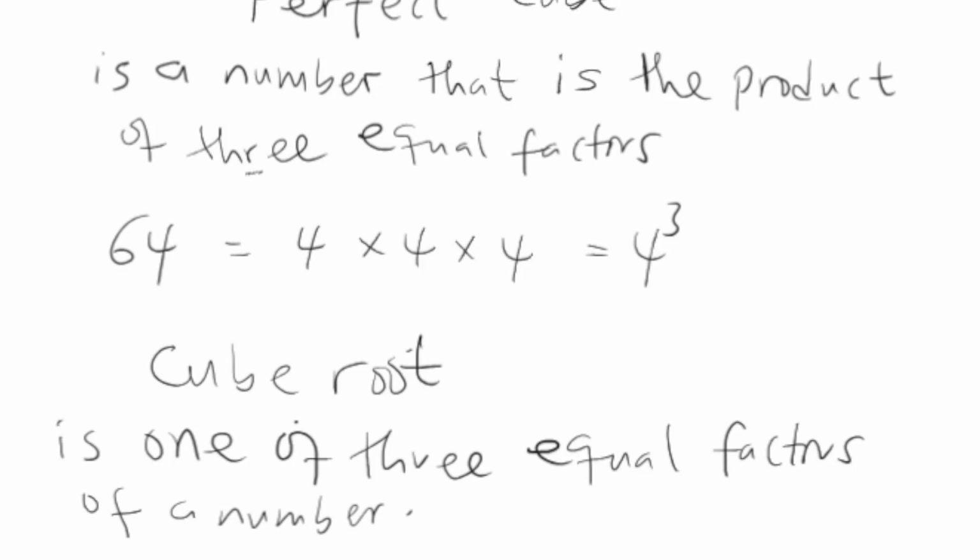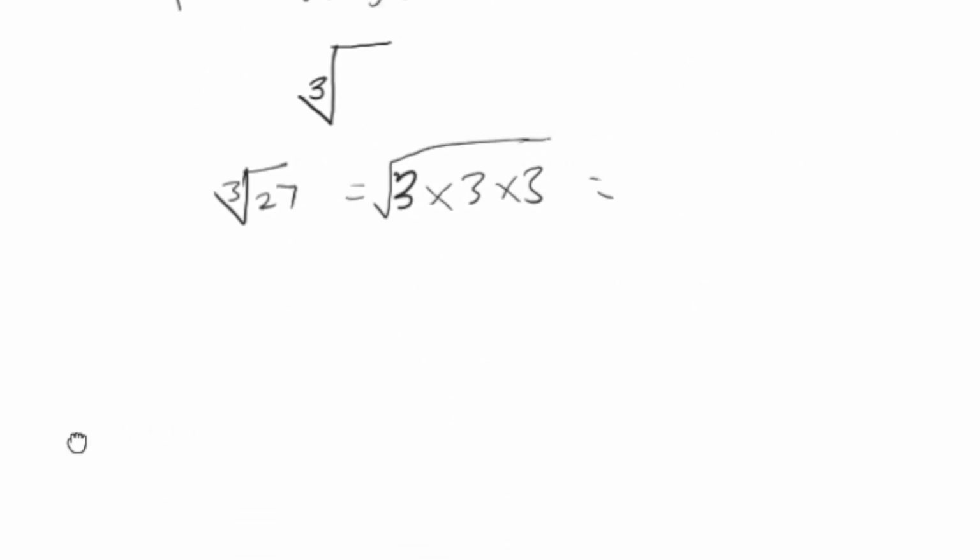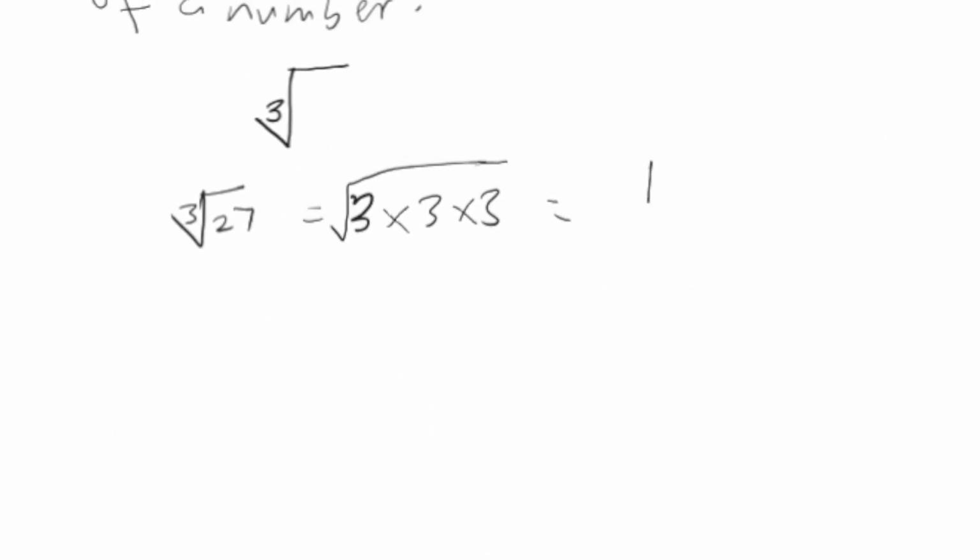So cube root of 3 times 3 times 3, which is going to give you 3 exponent 3. So this 3 is going to cancel this 3. And then cube root of 27 is going to be 3.